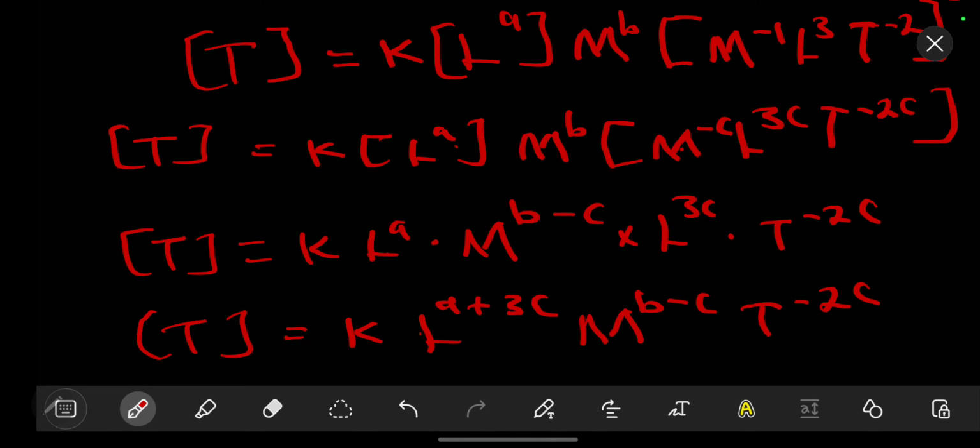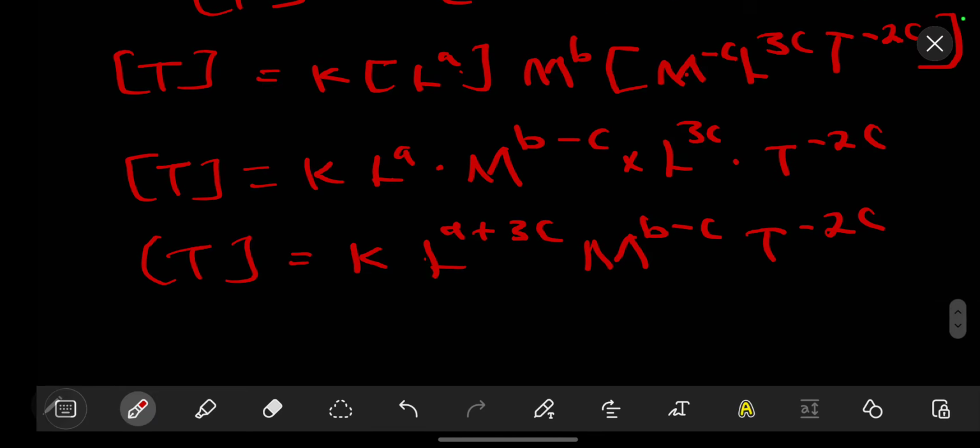From here, we are going to begin equating. Now, principle of homogeneity: whatever units are on one side of the equal sign are the same as the ones on the other side. So already we should have m even here, but to maintain the meaning, we are going to say m to the power 0. M to the power 0 is 1.